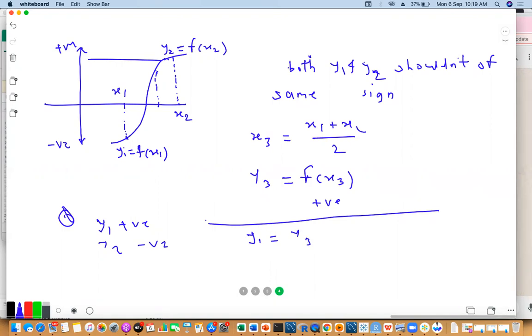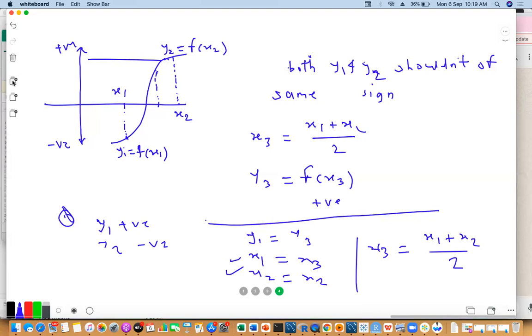So the new x1 is x3, and x2 will be the same. Now we again have x1 and x2, so from this we will calculate the new x3 as x1 plus x2 divided by 2, and we'll do it until our solution is reached.